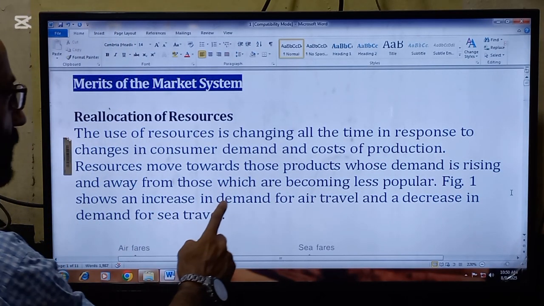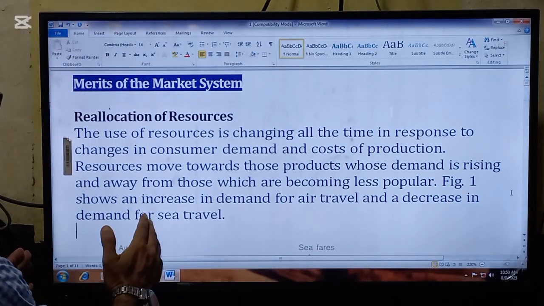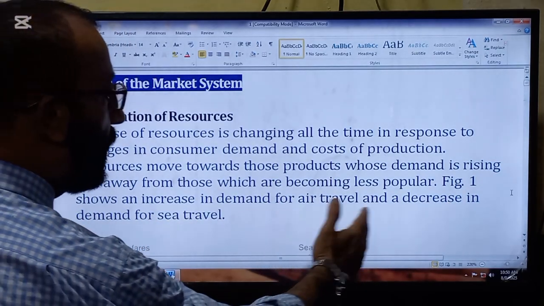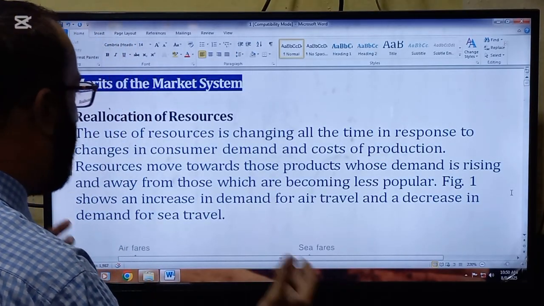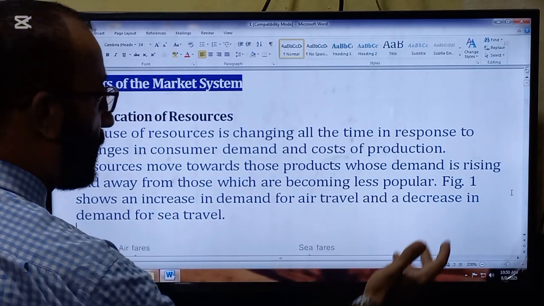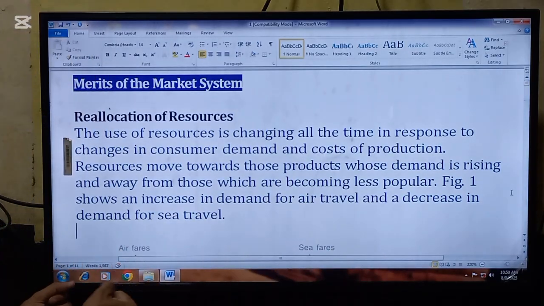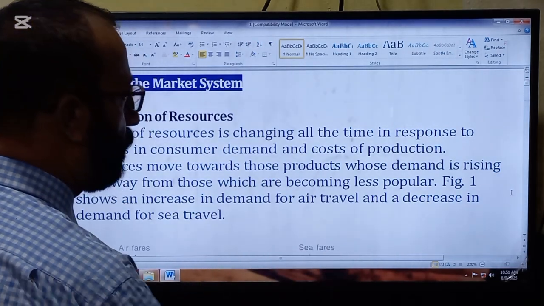Resources move towards those products whose demand is rising and away from those which are becoming less popular. So being a businessman, this is quite obvious. I'll put my resources into the products whose demand is rising and will keep my resources away from those products which are becoming less popular.